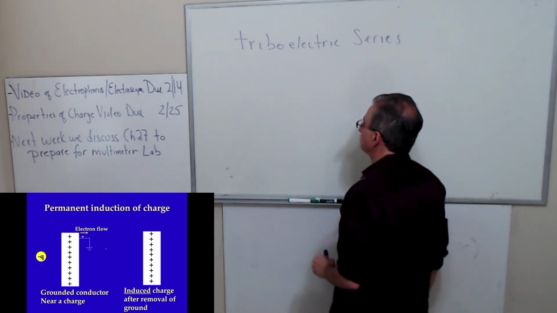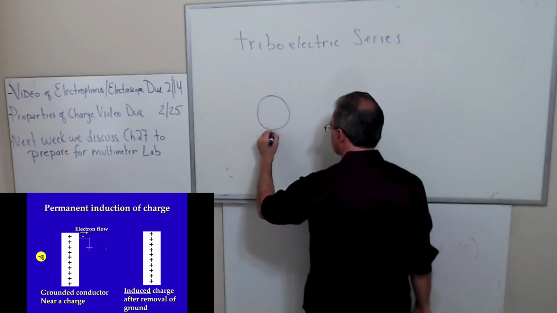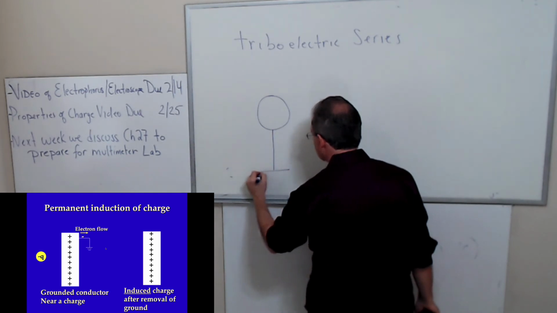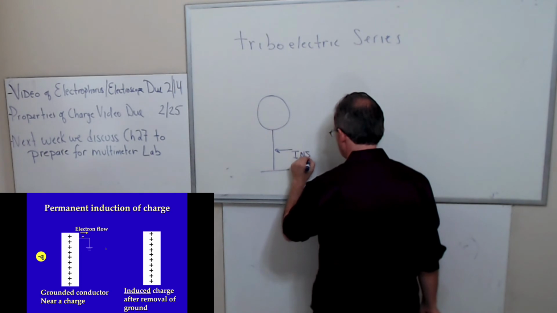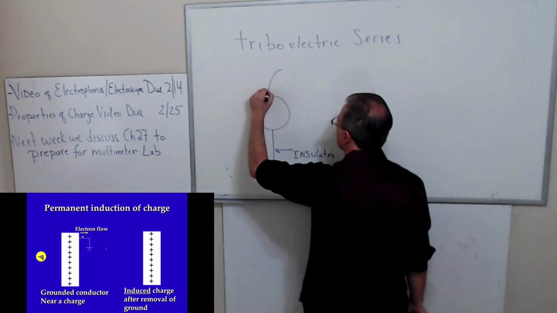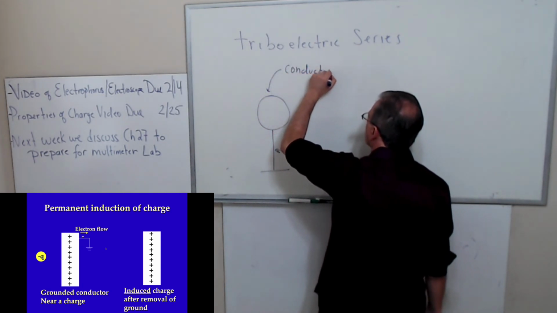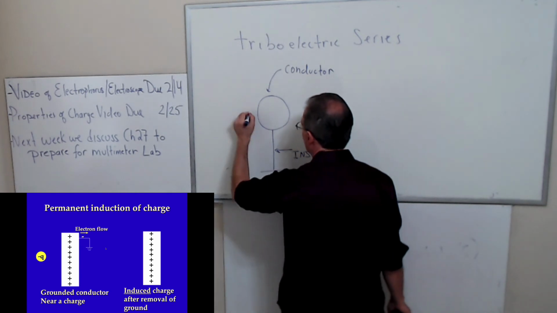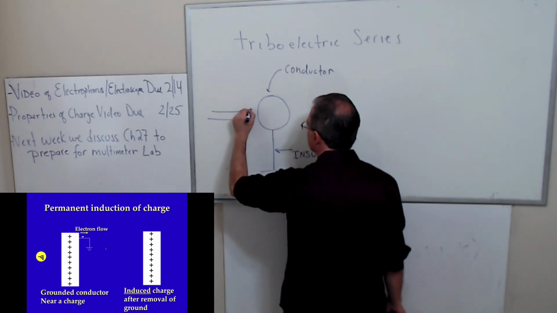a conductor with an insulator. So this top piece is a conductor, this is an insulator. And this is a conductor. And I take a rod and just for fun, we'll make it positively charged.